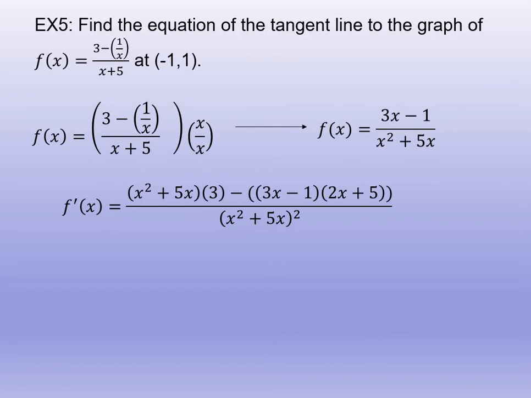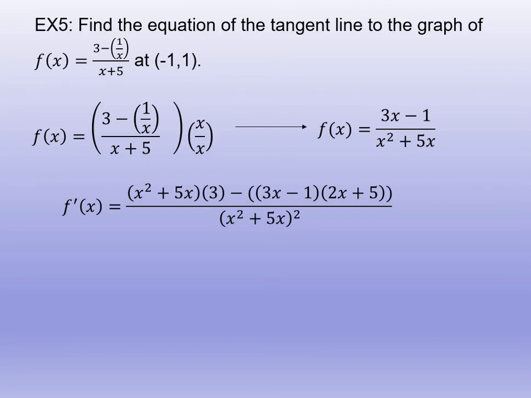So the low term, which is x squared plus 5x, times the derivative of the high term, so we're going to take the derivative of 3x minus 1, which is 3, minus high, 3x minus 1, times the derivative of the low term, so the derivative of x squared plus 5x is 2x plus 5, and then all divided by low, low, so x squared plus 5x squared. So low d high minus high d low all over low, low.